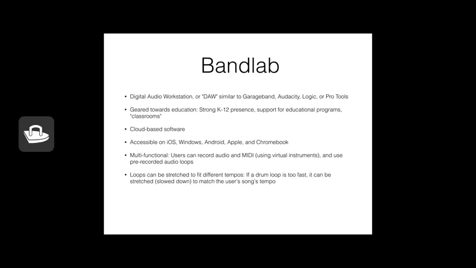Tempo refers to how fast or how slow the general feel of a song might be, what we would call the macro beat. So what you are essentially bobbing your head to in a song, that would be the tempo, right? If a drum loop is too fast, it can be stretched or slowed down to match the user's song's tempo.